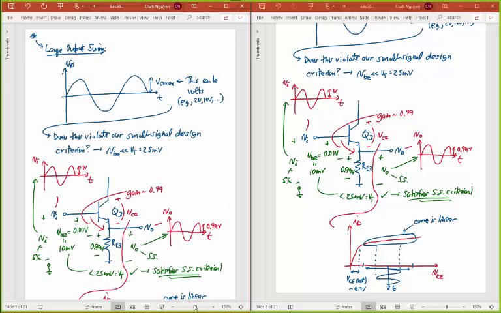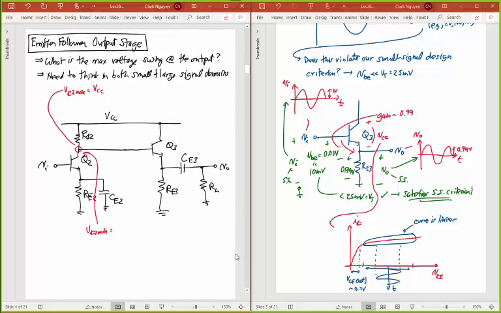Whatever VE2 is right here, that's the voltage right at that node. And that, of course, is set by your biasing. That's going to determine the bottom voltage you can get, because that voltage is not going to change.